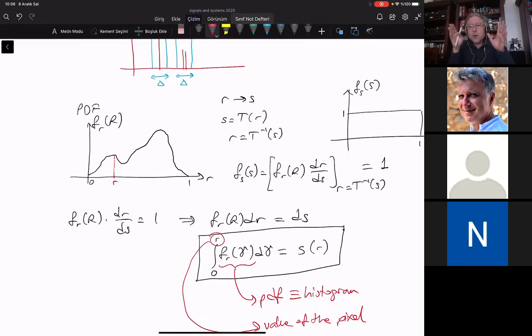You will search for all the pixels inside the image which have the value of R, and you will one by one replace all those values by S inside the image. They don't have to be localized, they can be sparse. So the histogram does not give you any information regarding where these values are or what the image is. It is just the density function, okay? So this point is R, and we want to find S. What is S? S is this area.